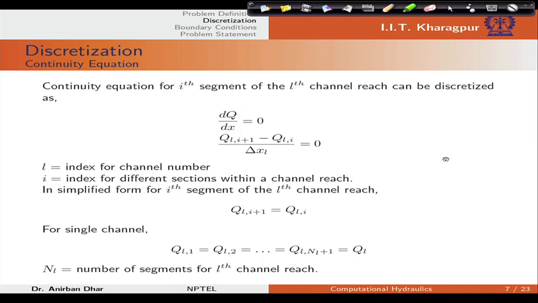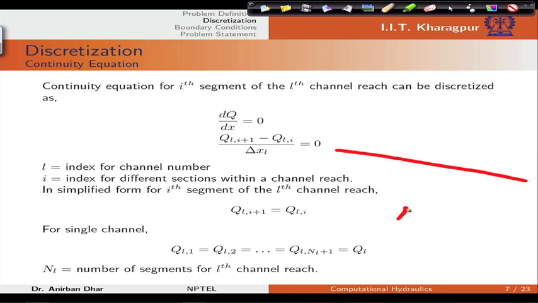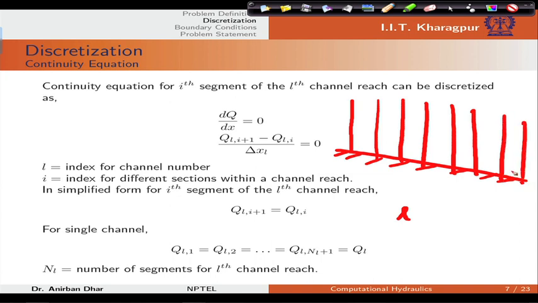Now, for a single channel, that means if we consider any channel L, for that channel we can have multiple sections, but if we consider the discharge QL, or inlet discharge for this channel L, then this Q L 1 at section 1 to NL plus 1, NL plus 1 is the total number of sections for this lth channel reach, is equal to QL.